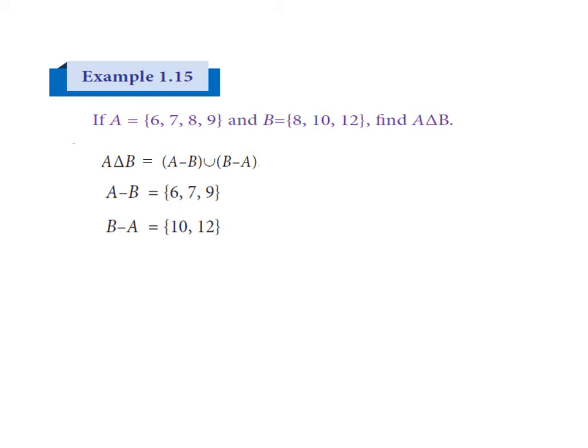So B minus A. First look at B, then you see the A. So 8 is also there in A. So leave that 8. So next 10, 12 only will come in B minus A. So writing the union of these two sets, 6, 7, 9 union 10, 12. So A delta B is equal to 6, 7, 9, 10, 12. This is A delta B.